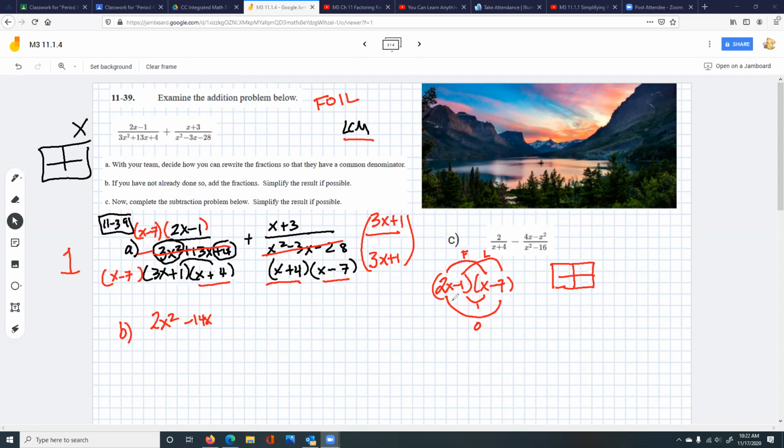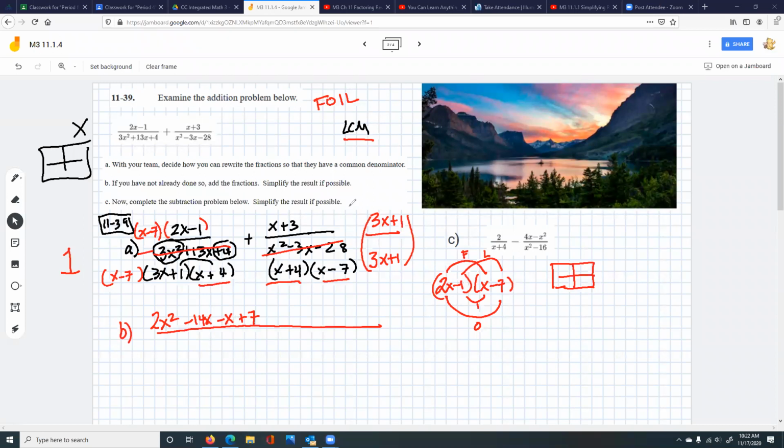Okay, and then let's do the inner terms. Negative 1 times x is negative x. And then the last term is negative 1 times negative 7, which is positive 7. Okay, so that is the first part. That is this times this.